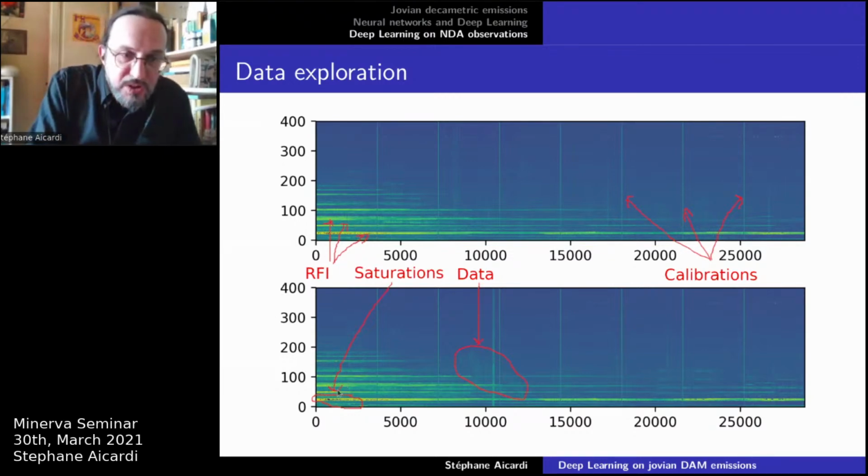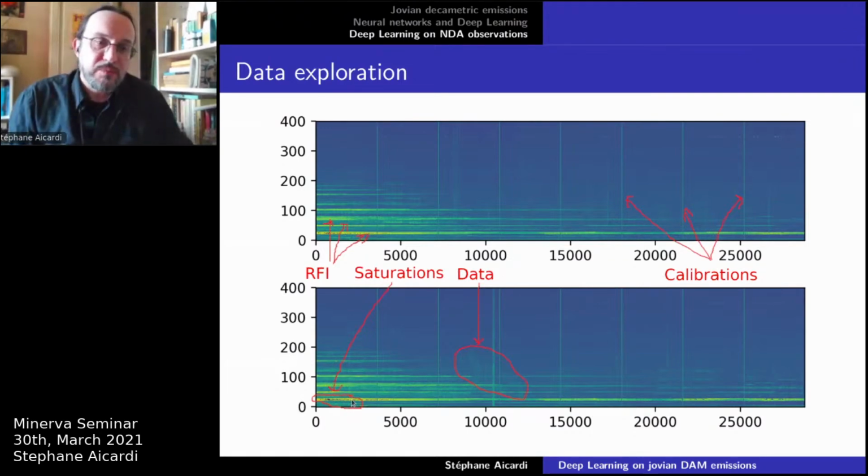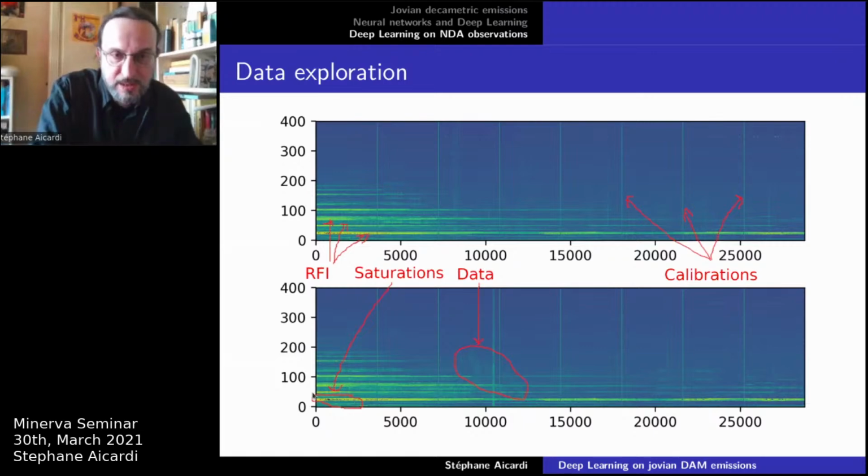We have even some saturations, while the output of the receiver is an integer between 0 and 255, and when the data is over 255, it goes back to 0, and that's what we see here.